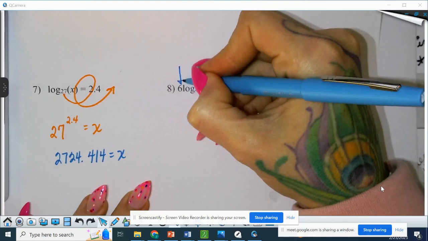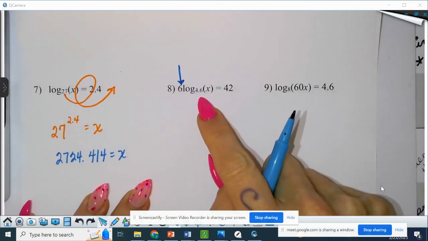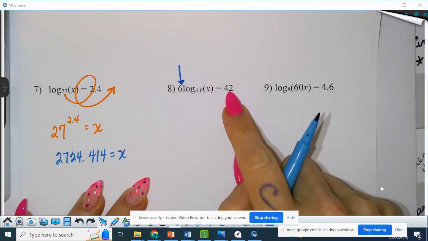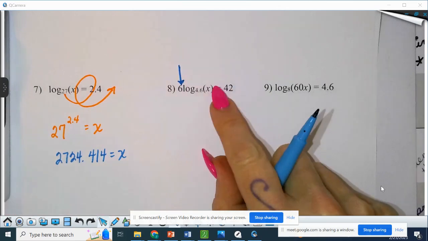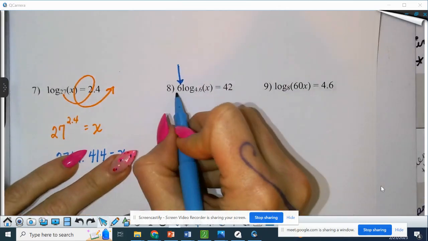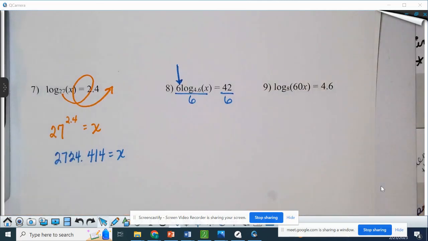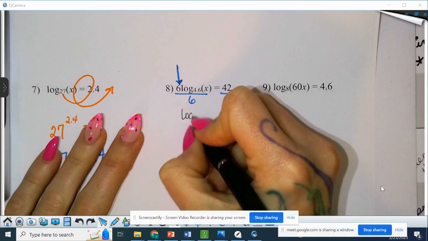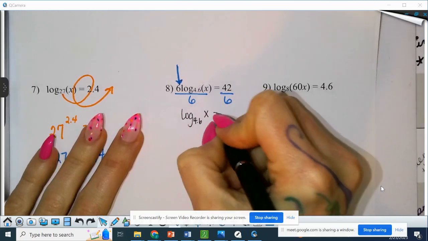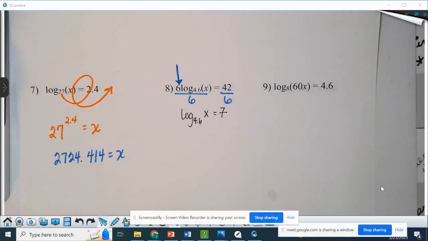So number 8, hopefully it makes sense to you when you saw that this 6 is in the way. It's extra. It's 6 times log base 4.6 of x equals 42. So we have to get rid of that 6 first because it's not just log base of on this side. It's 6 times. So we're going to divide both sides by 6. And then we're going to have our equation in the format of log base 4.6 x equals 7. Now it's in its simplest form, and we can easily convert it.